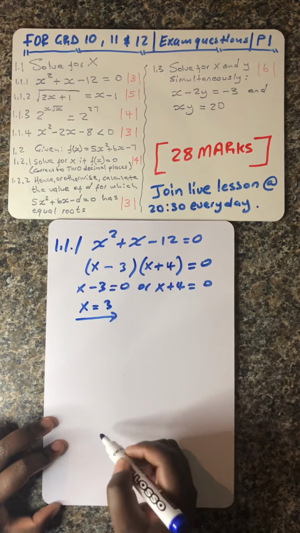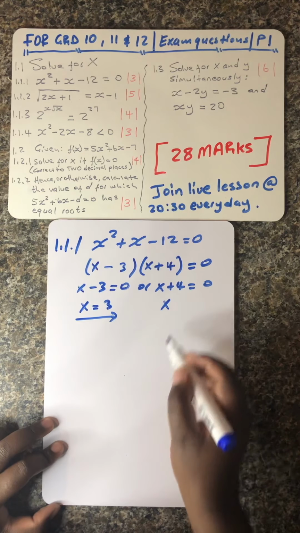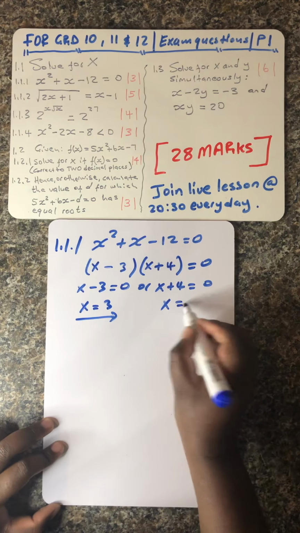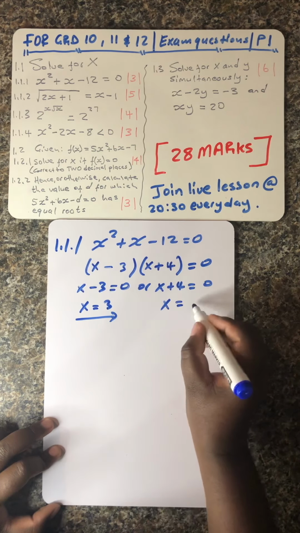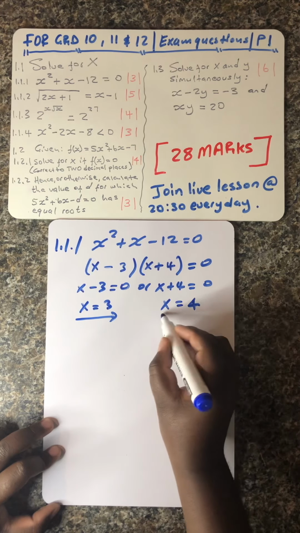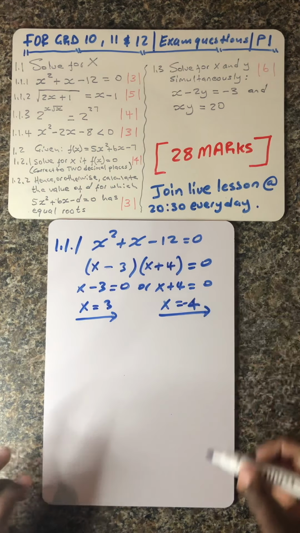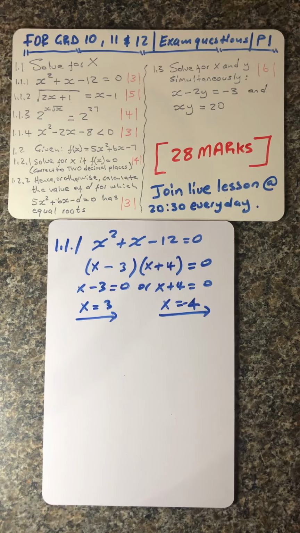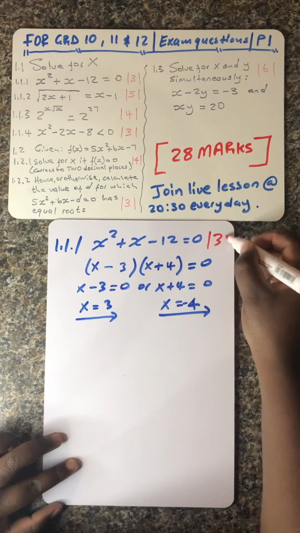You do the same for the other part: x on the left, you move 4 to the right side, and remember it's negative 4, you write it in the opposite sign. So this is how you score your full 3 marks.